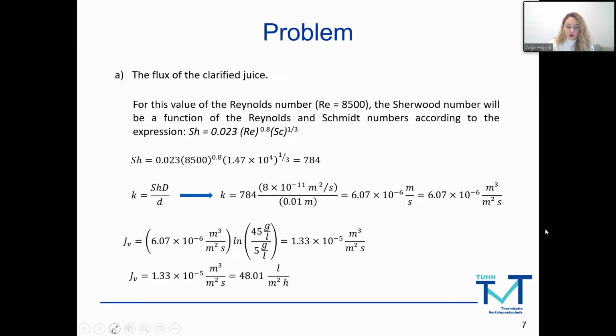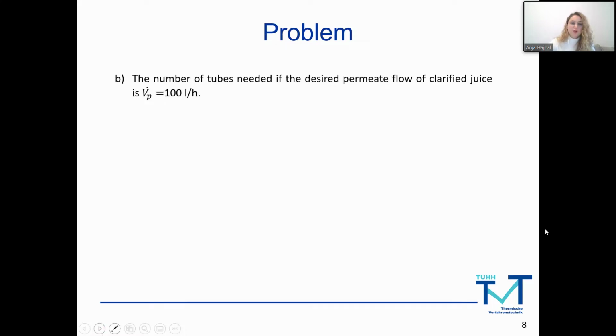So then let's go on to task B. Now what you should do is calculate the number of tubes if the desired permeate flow of clarified juice is 100 liters per hour. I give you 2 minutes to try to solve this yourself. A small hint: you have the volumetric flow rate, and you also have your flux, in liters per meter squared per hour.